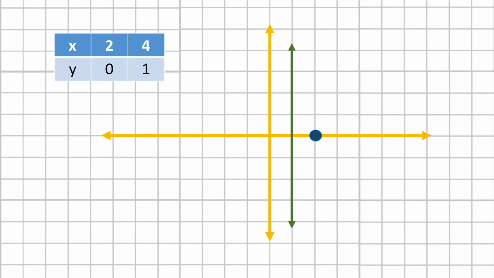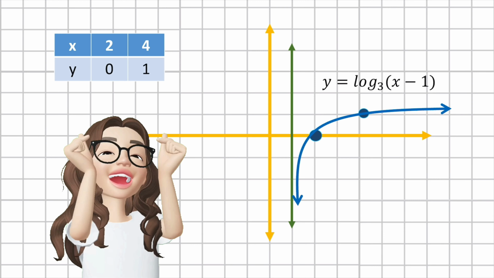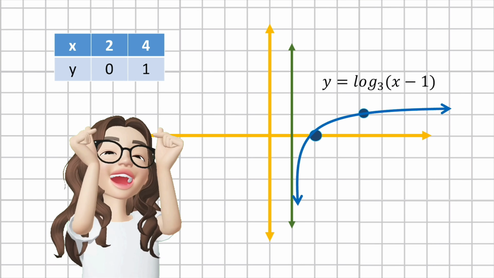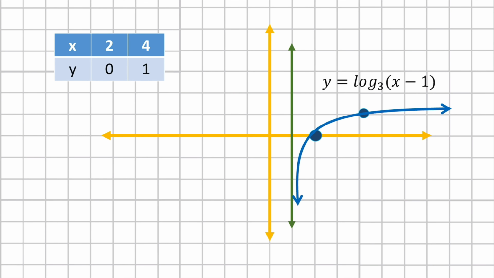As you can remember, that is also our x-intercept. Next, (4, 1). And then, let us sketch the graph, and that will go infinitely to both directions. And that is now the graph of our given function y is equal to the logarithm of x minus 1 with the base 3. Let us now proceed to example number 2.